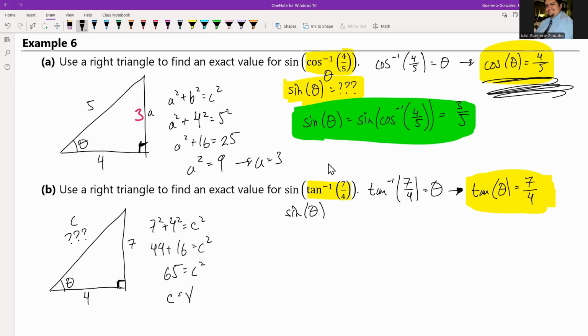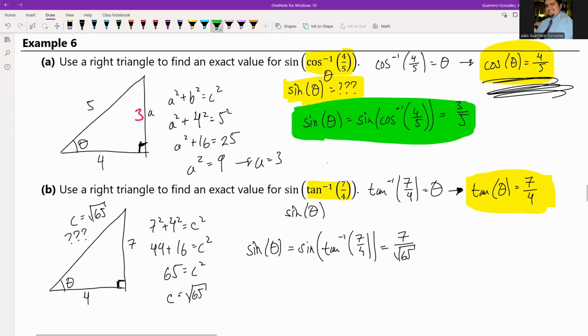C is equal to the square root of 65. Okay, so sine of theta is equal to my opposite over hypotenuse, which now ends up being the sine of the tan inverse of 7 over 4. This has got to be equal to 7 over the square root of 65. Done. Bam.